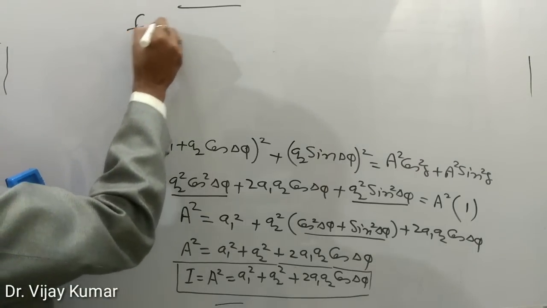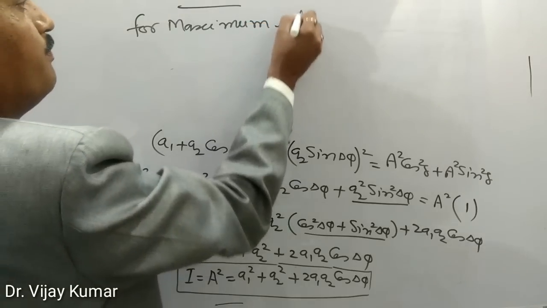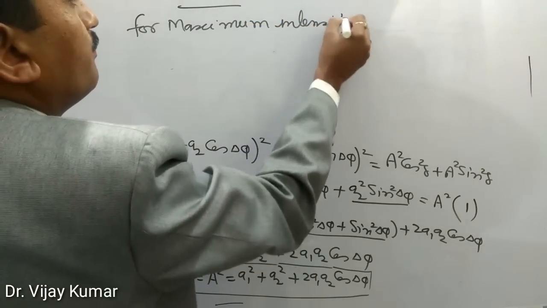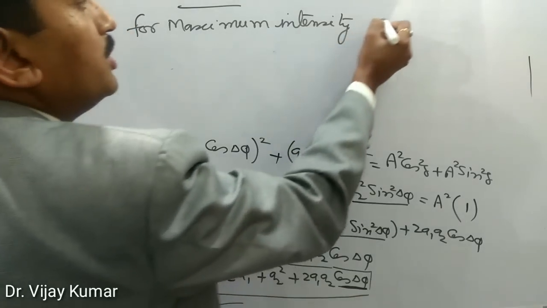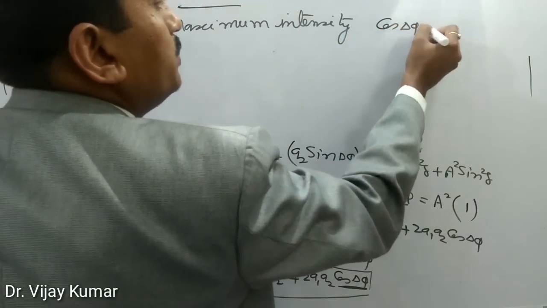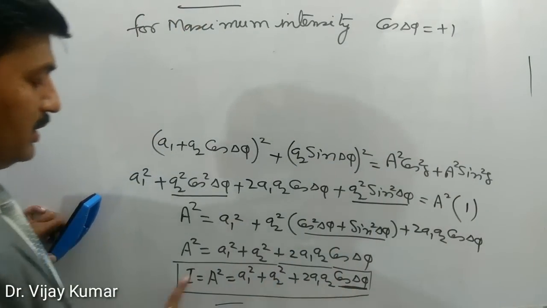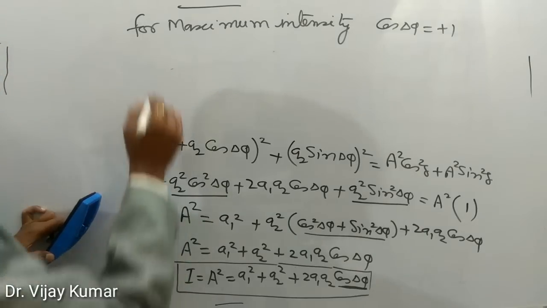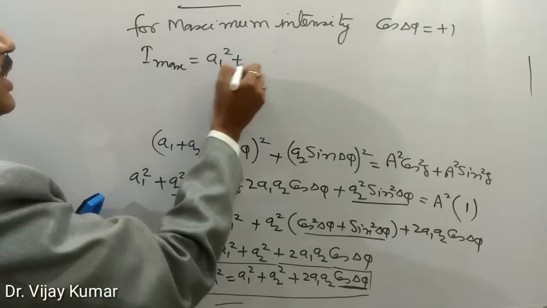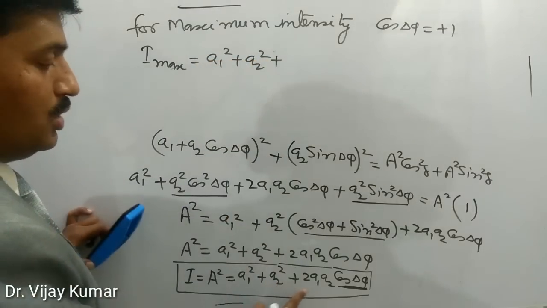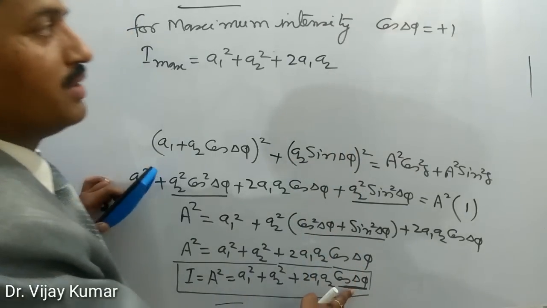For maximum intensity, this term should be maximum, and the maximum value of cos Δφ is +1. It means if this term is equal to +1, then the intensity becomes maximum, and I maximum becomes a1 square plus a2 square plus 2 a1 a2, with cos Δφ equal to +1.